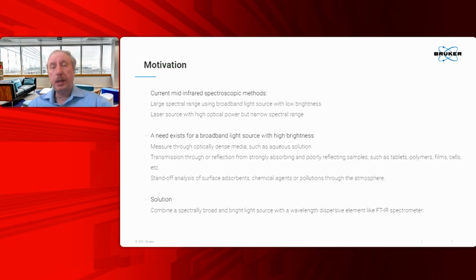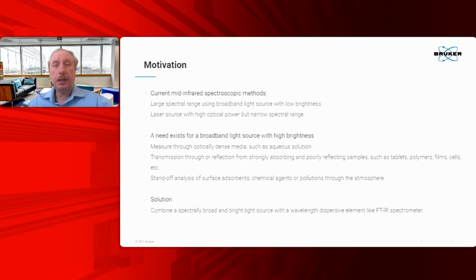Another application where bright sources are needed is standoff analysis, also identification of chemical pollution in the atmosphere, and another very big application is microscopy, where bright sources are extremely needed. So the solution for all these problems is to combine a spectrally broadband source with an FTIR spectrometer.